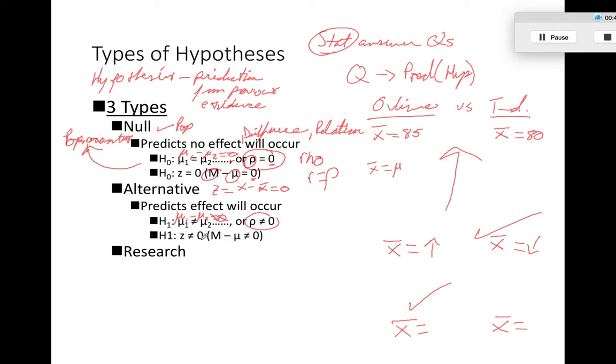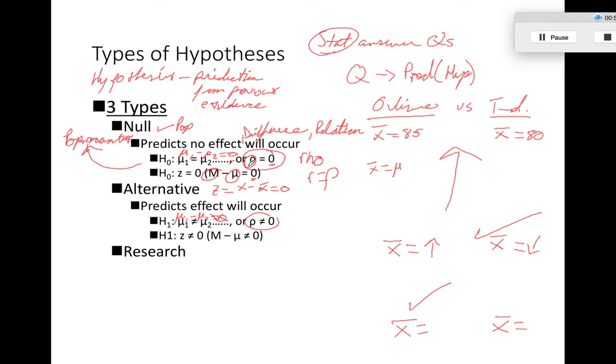And in the case of z, we're ultimately going to say that my scores are not going to be equal to the mean. So z is going to be equal to something else other than 0. What value? I don't know, but it's just not 0. And thus, the difference between my mean and the population mean would not be equal to 0.